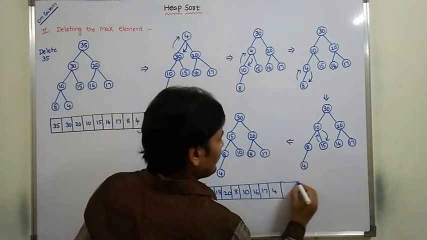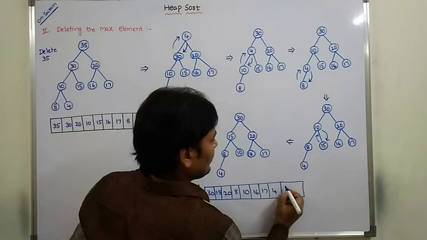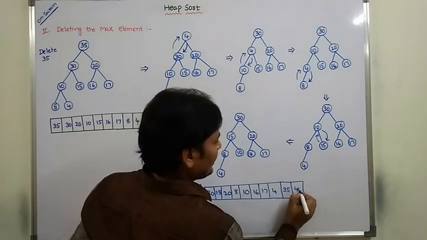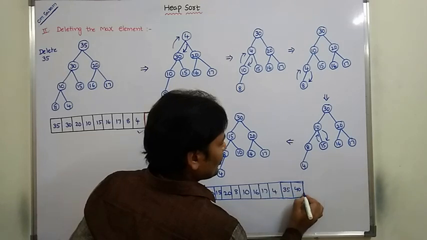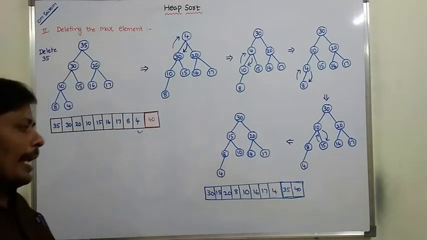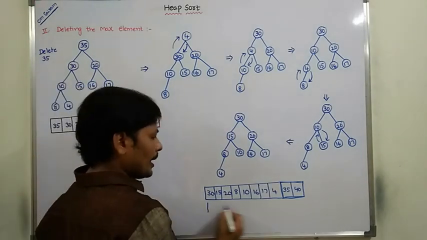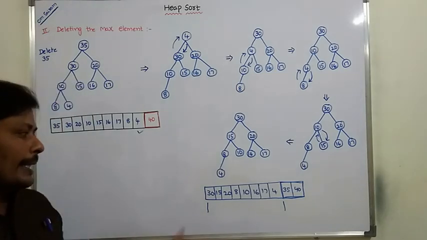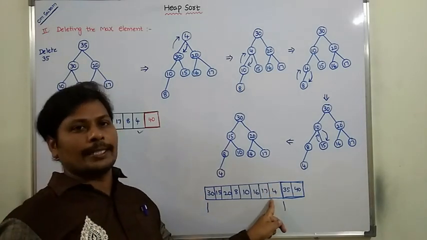And the last ones here, 35 is the deleted element and 40 is the deleted element. So these are the two elements that are deleted from the maximum heap. Now we have to consider only this element to this element only. 30 to 4 we have to consider.